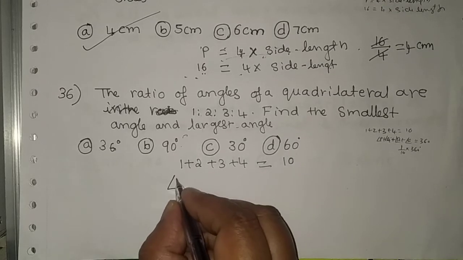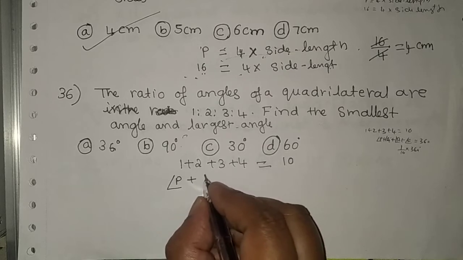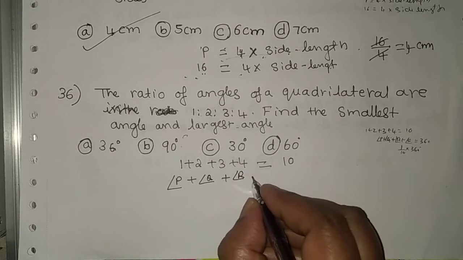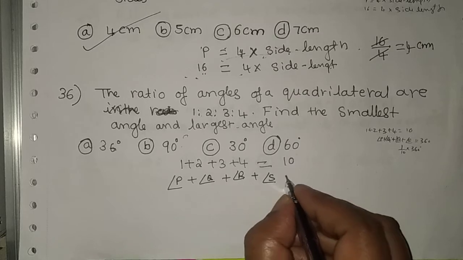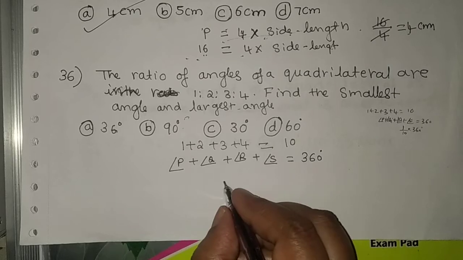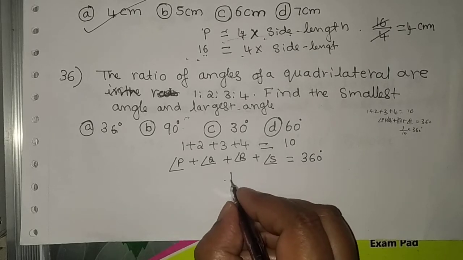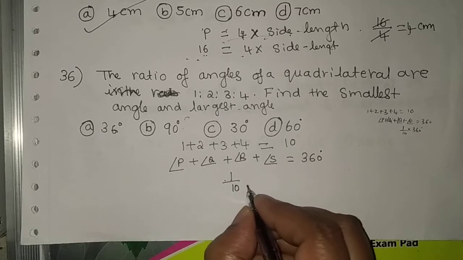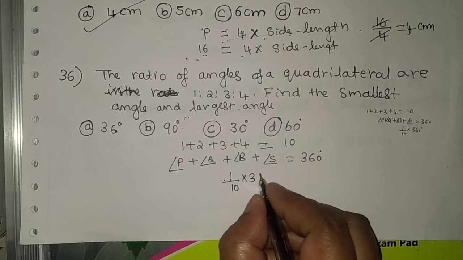Therefore, the sum of the measures of all the angles of the quadrilateral PQRS will be equal to 360 degrees. Therefore 360 degrees means we get 1/10 into 360.